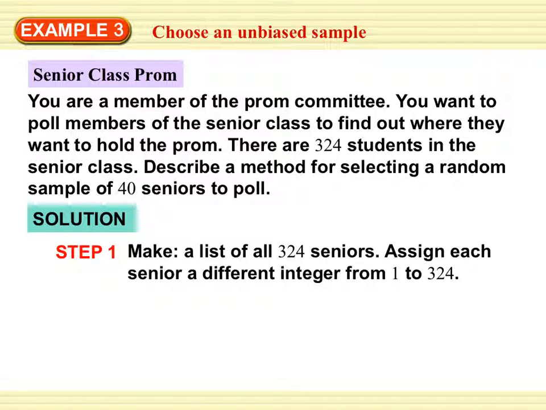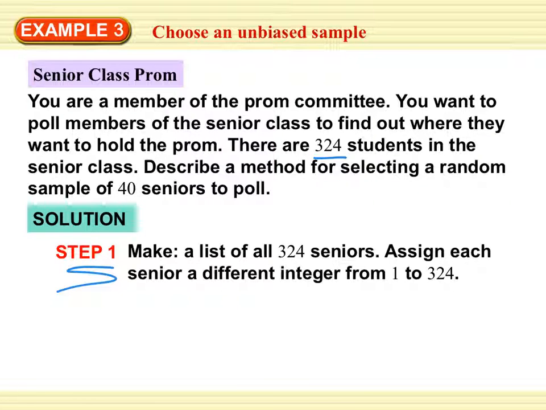You are a member of the prom committee. You want to poll members of the senior class to find out where they want to hold the prom. There are 324 students in the senior class. Describe a method for selecting a random sample of 40 seniors to poll. I copied the answer from the book in here because it was a lot of writing, and their handwriting is easier to read than mine.